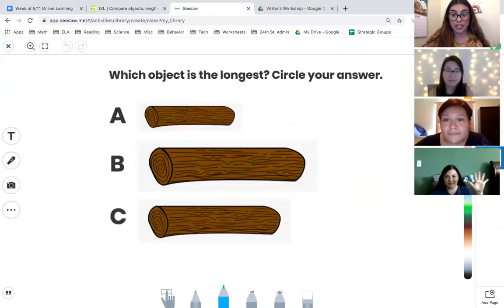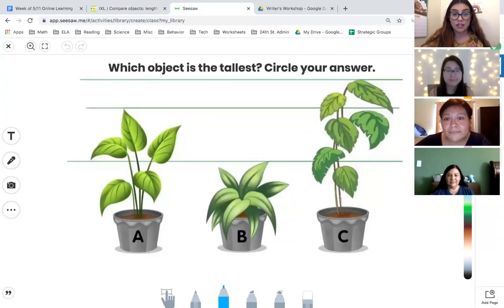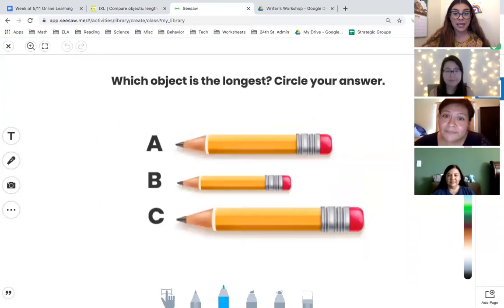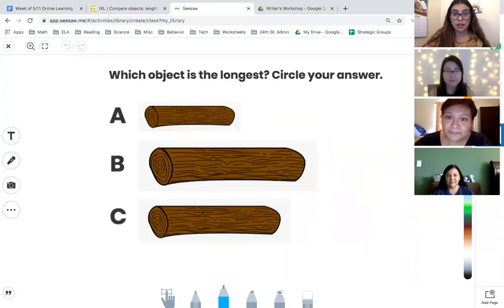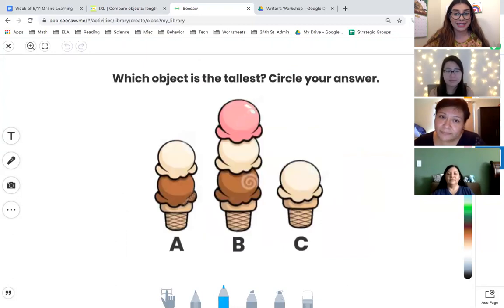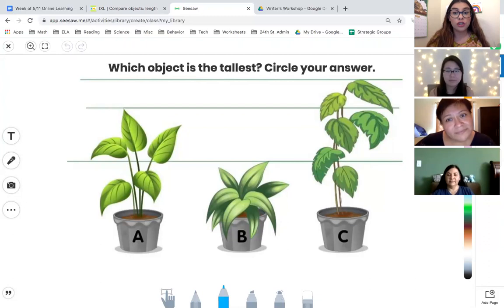And I'm going to show you what they look like. Yes, there are 5. So this is the first page, the second page, third, fourth page, and our last page. And it is also going to be testing whether you know the vocabulary words tallest and longest.